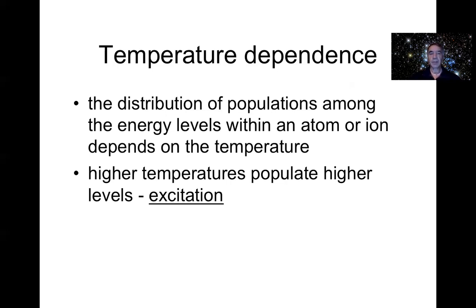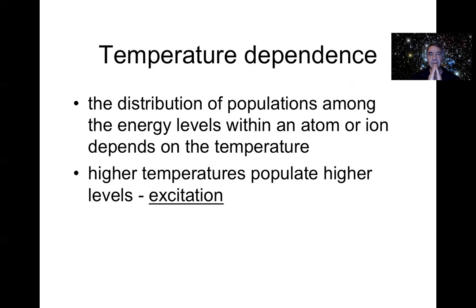As you increase the temperature, more and more electrons will hop up and stay in the n=2 level for a while. You would say the atom is in an excited state: it's excited above the ground state, the n=1 state.